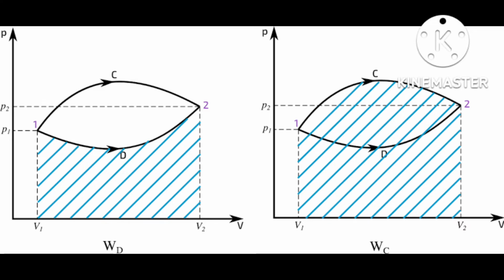I told you chemical energy, electrical energy, sound energy, light energy, and work is also energy. Don't forget. Its unit is joule. Okay, the internal energy as a state function, now we understand.